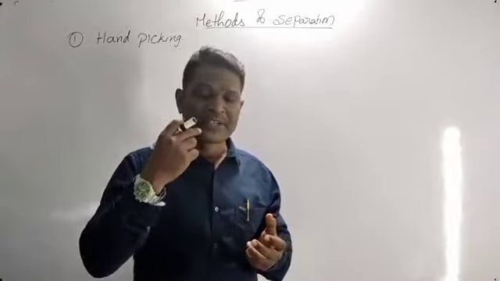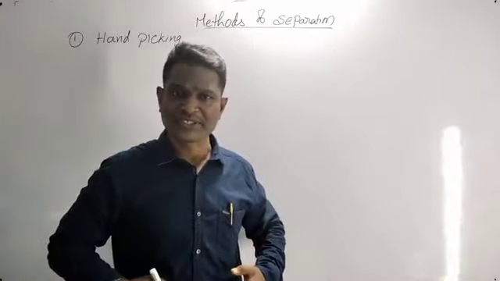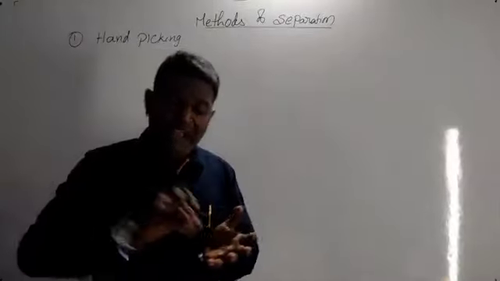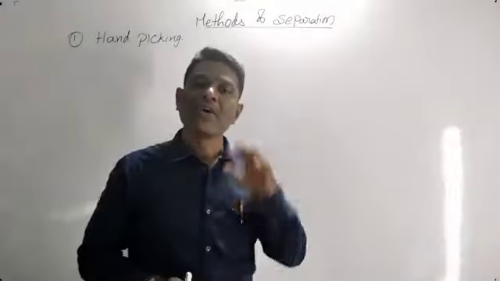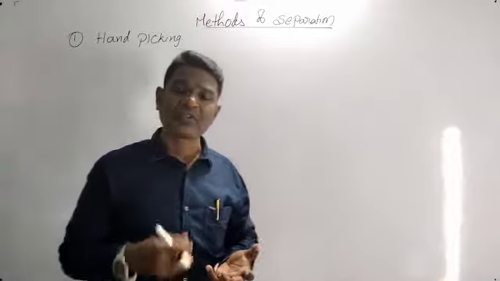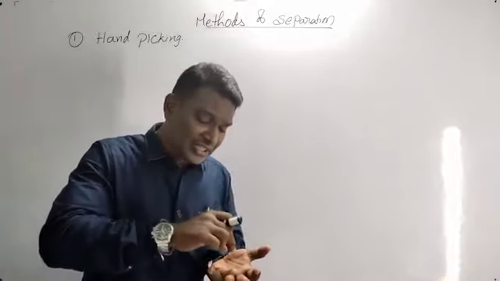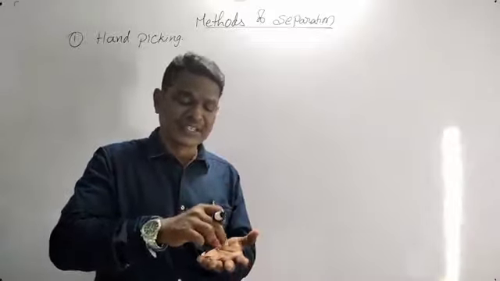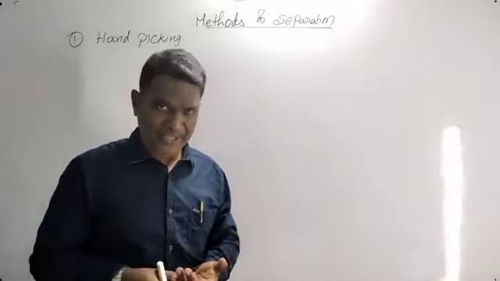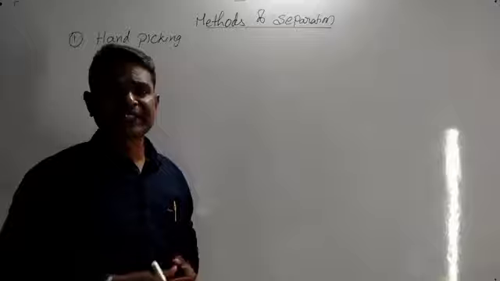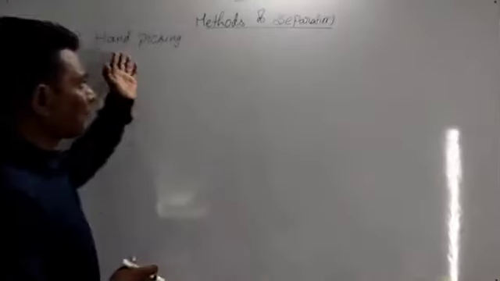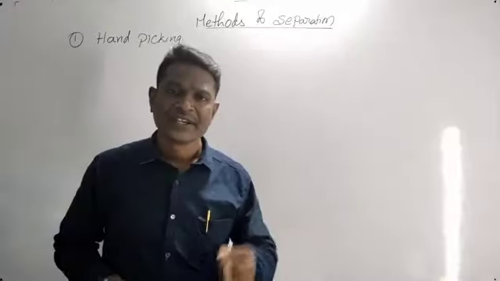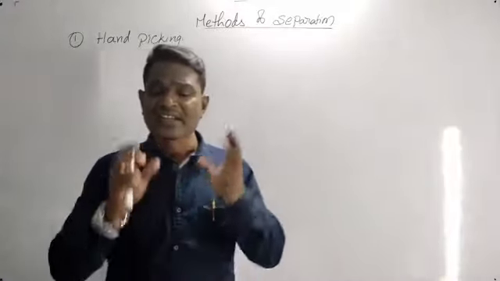So there may be a problem in the mouth and in the stomach, and they are not delicious to eat. So they have to be separated. For that, what our parents or mom do is pick up the stones with her hand and throw them away separately, isn't it? So this method is called hand picking. This is possible only when the sizes are different.